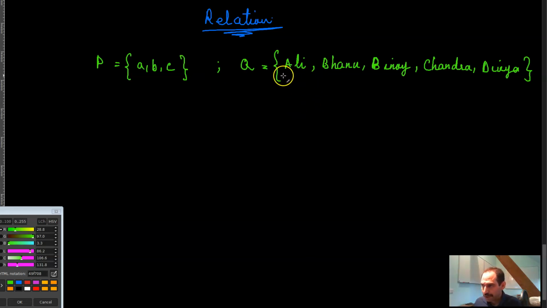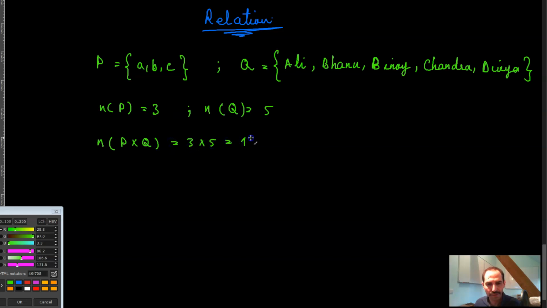Now the Cartesian product of P and Q, since n of P is equal to 3 and n of Q is equal to 5, then the Cartesian product of P and Q has 3 times 5, which is equal to 15 elements.